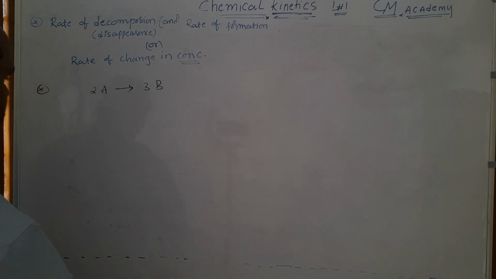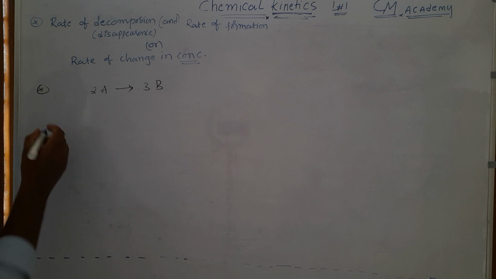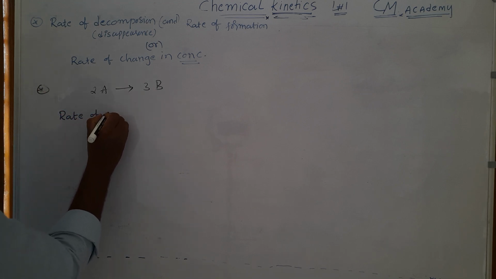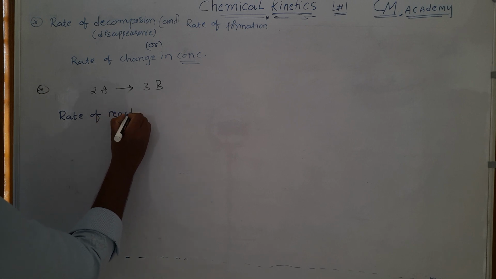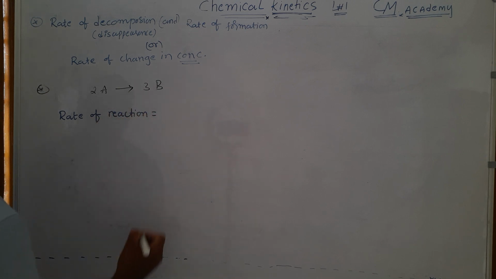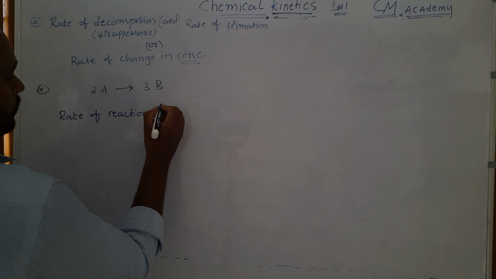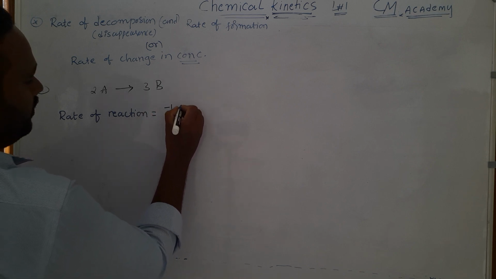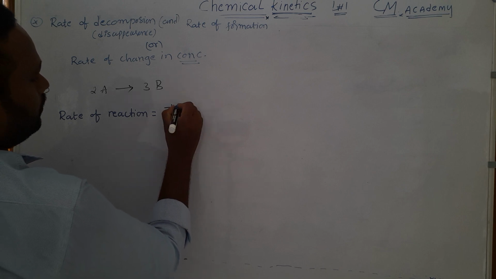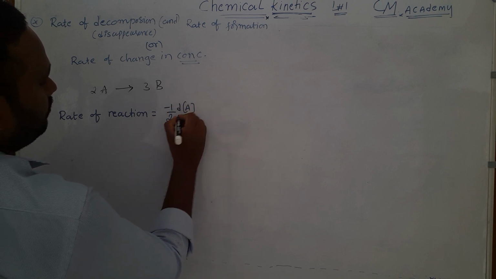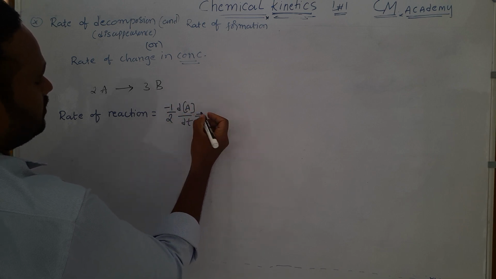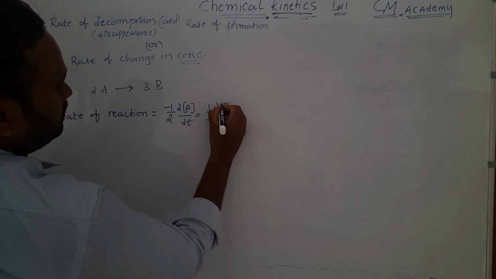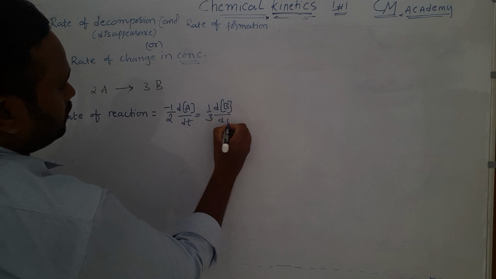In that case, how do we write the rate of reaction? The rate of reaction with respect to reactants is minus 1 by 2 change in concentration of A by change in time, equal to 1 by 3 change in concentration of B by change in time.